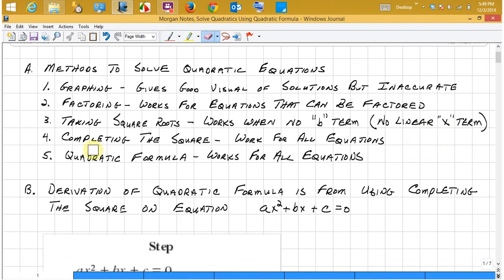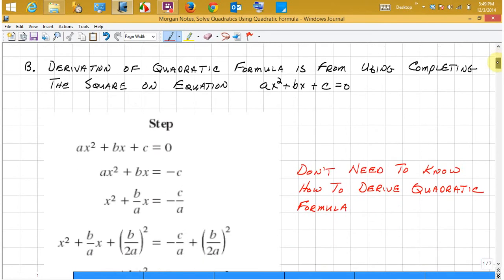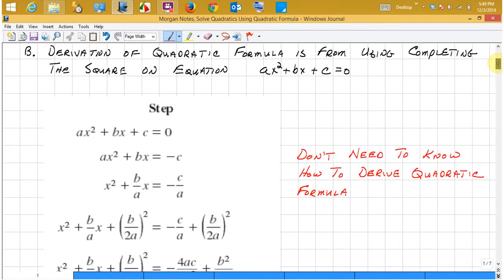Then we learned a method that works for every single quadratic equation called completing the square. And what we're going to do now is learn the quadratic formula, which also works for all equations. Now, the quadratic formula actually comes from completing the square. You don't have to know how it's derived, but I just want to show you that it is derived by completing the square. Here's a quadratic equation in standard form, ax squared plus bx plus c equal to 0.